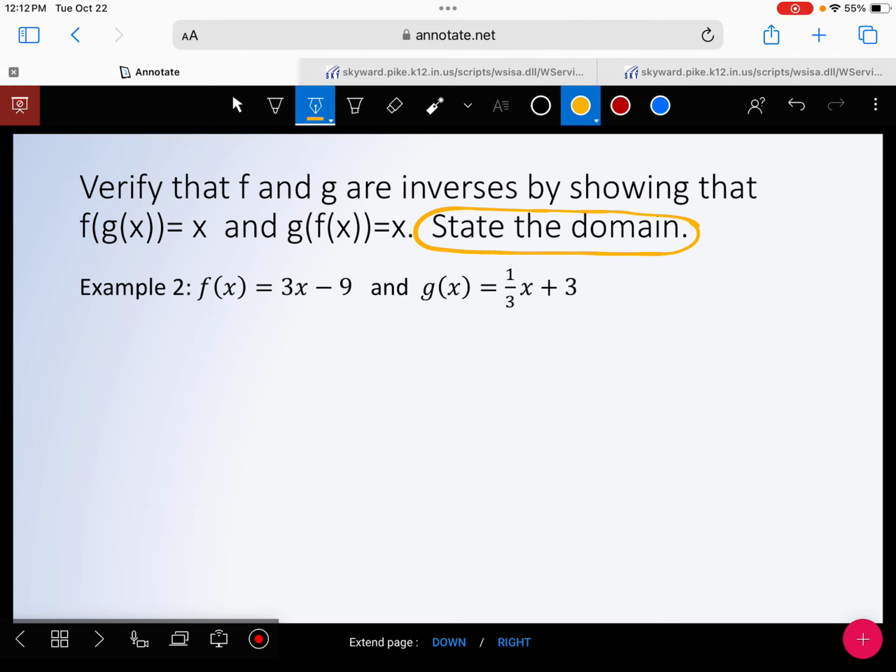We have to find the inverse and then state the domain. And remember, domain is all real numbers if you don't have a red light. And let's see, we'll do 1, 2, 3, 4.